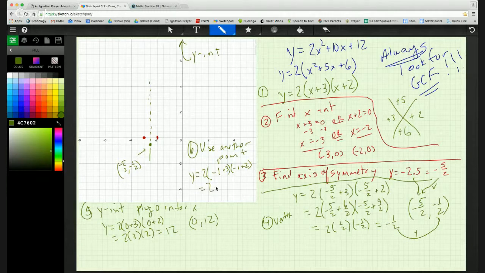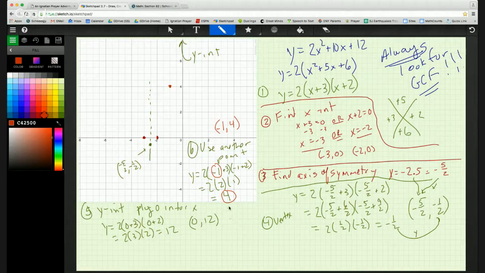So that's 2 times 2 times 1. This point's going to work out a lot better. So that's equal to 4. So our x value was negative 1. Our y value is 4. So we have a point of (-1, 4). So (-1, 4) is on our parabola.